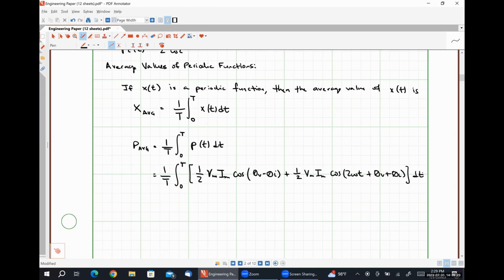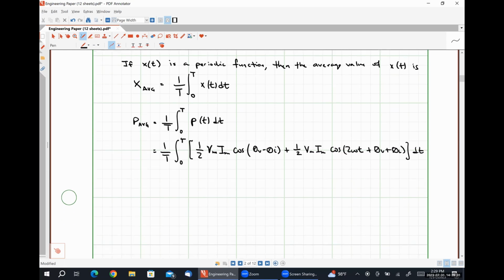What I'm going to do now is break this expression up into effectively two integrals.